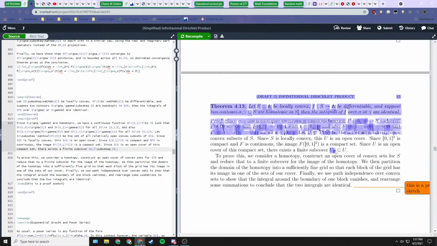So we have this finite set U sub F, a finite subset of capital U. Also, you can take F to stand for finite or for the function f, it doesn't matter.